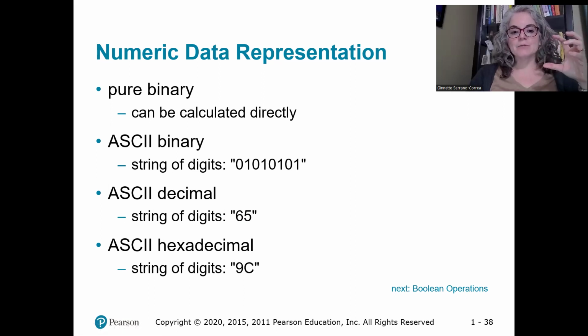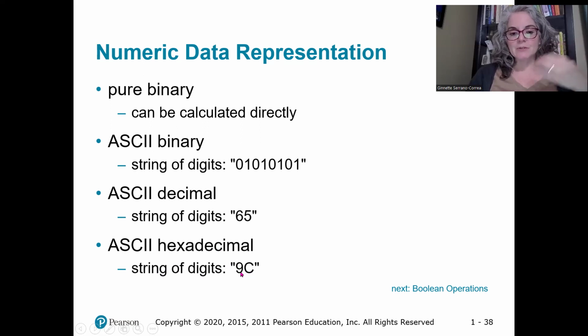You can't add to a string. You can't subtract from a string. A string is just characters. So this is a character 6, character 5, not the decimal integer values. And then you have the ASCII hexadecimal number, which is a string of digits. This is 9C as ASCII hexadecimal, not a hexadecimal number.